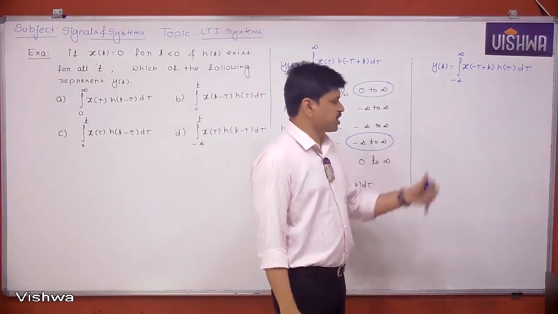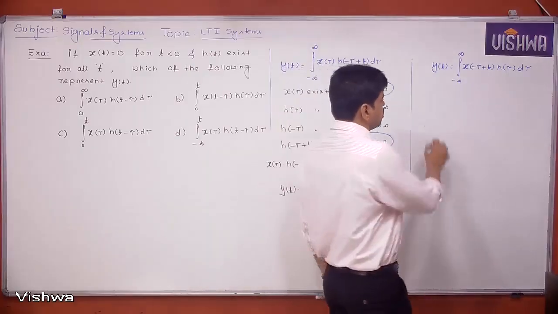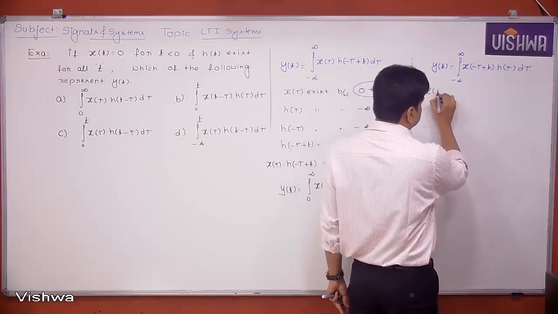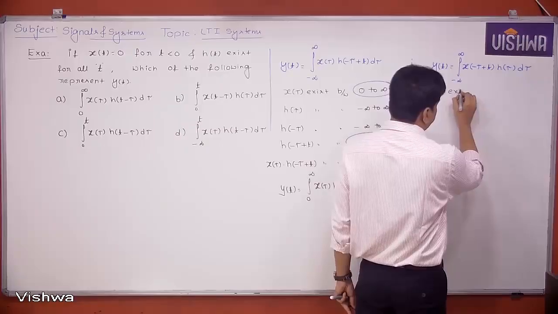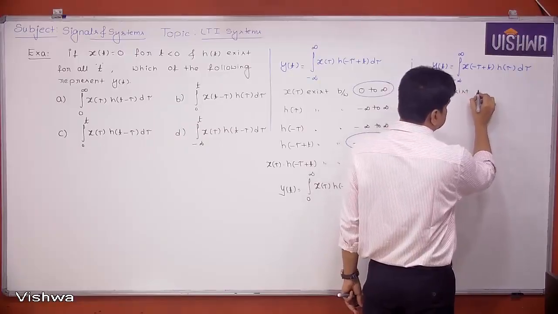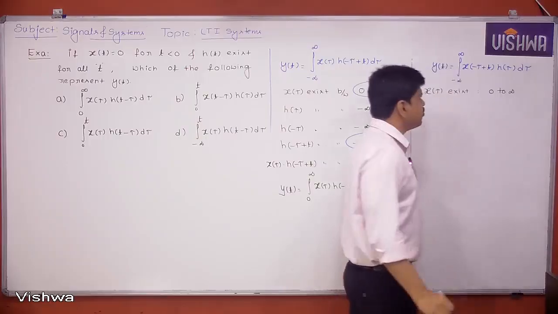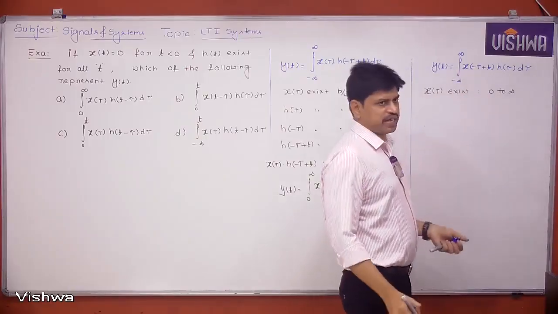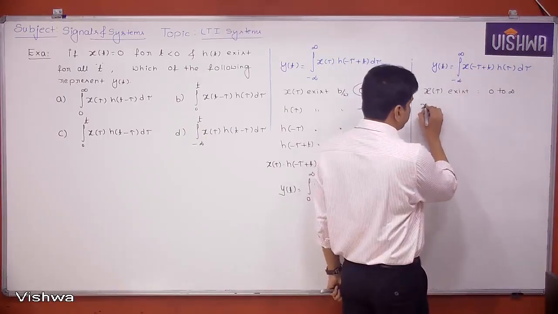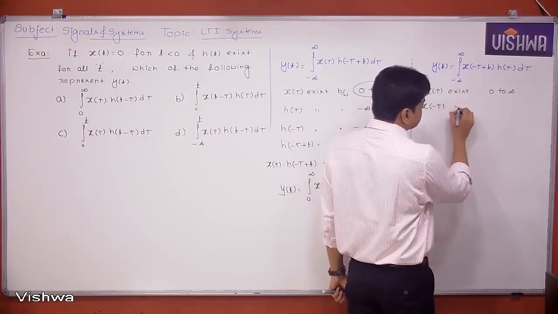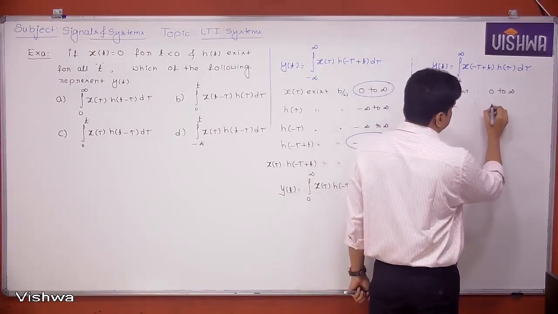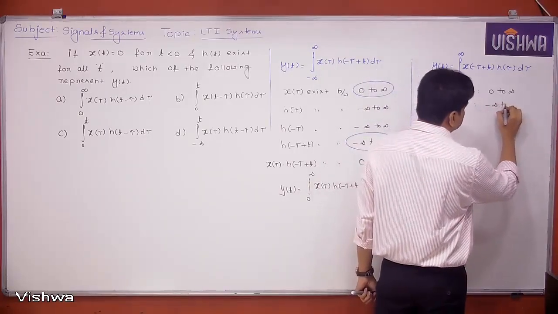Next, coming to this case, x of tau exists between what points? Just now we have seen 0 to infinity. And we require to find out x of minus tau plus t, where it is existing. x of minus tau, where it is existing? It is existing between minus infinity to 0.